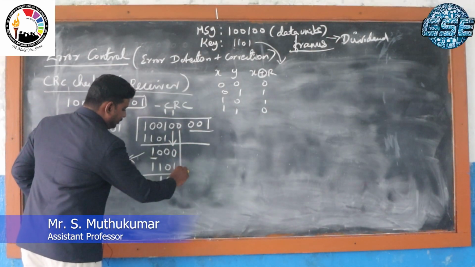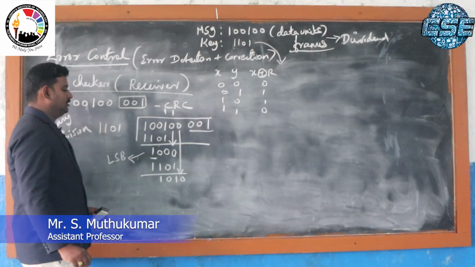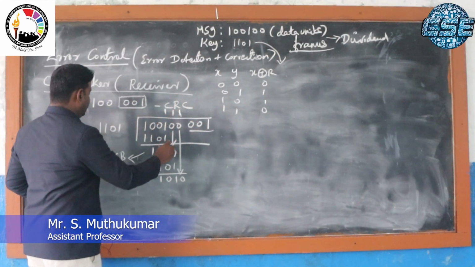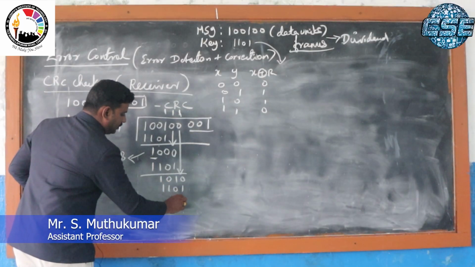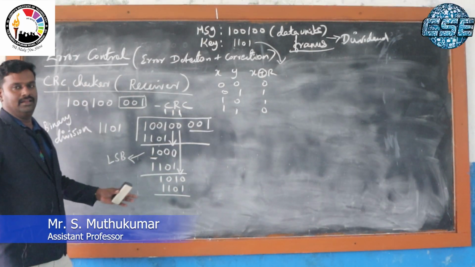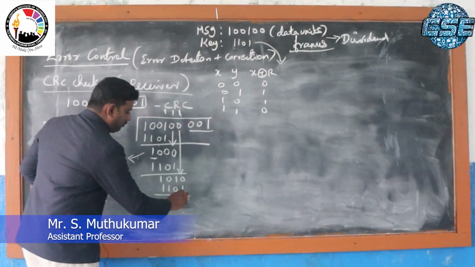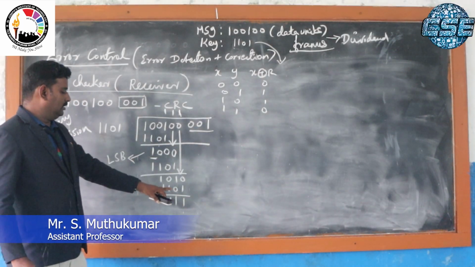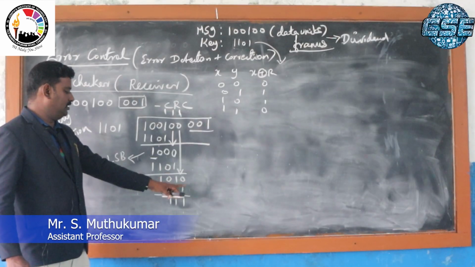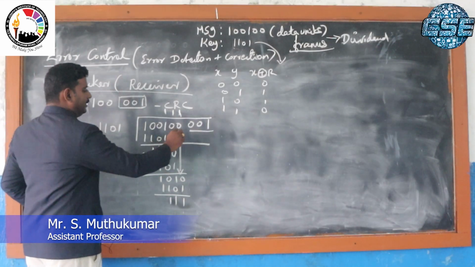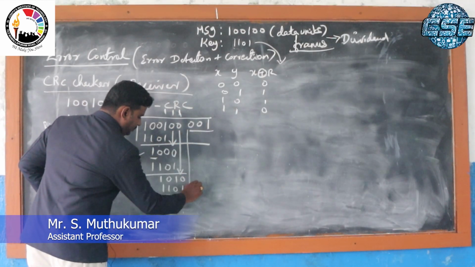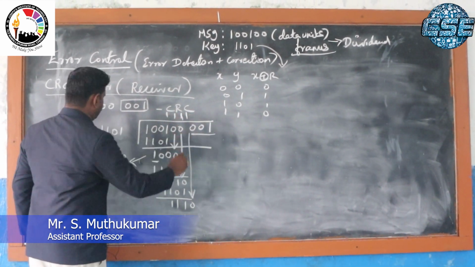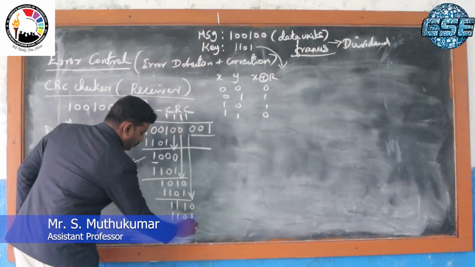So take the next bit, 0, and continue with the binary division. 1 into the divisor 1 1 0 1. We get a remainder value of 1 1 1. Take the next bit. Continue with the division, 1 1 0 1.